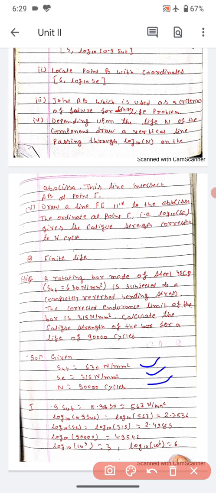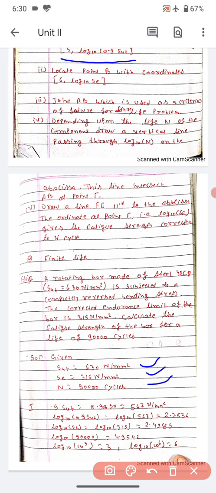Recall the steps that we had discussed. The first point will be 3 comma log 10 of 0.9 SUT. First multiply SUT, that is 630, with 0.9, giving 567 Newton per millimeter square.